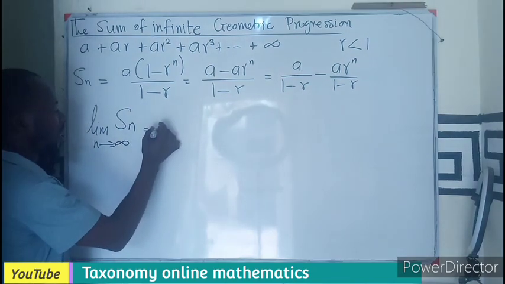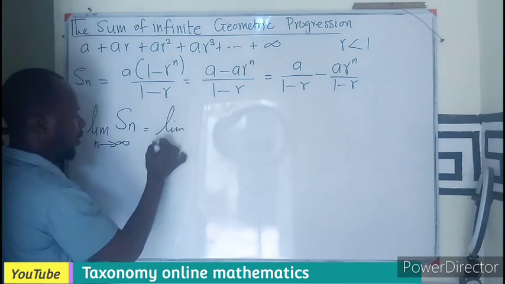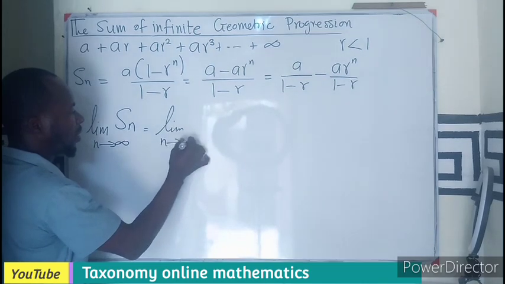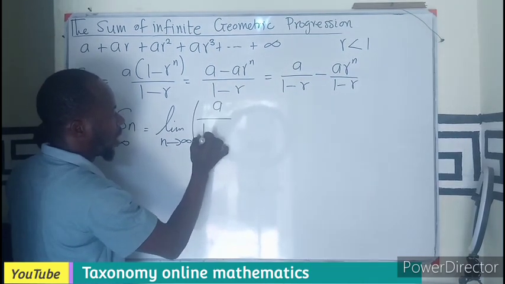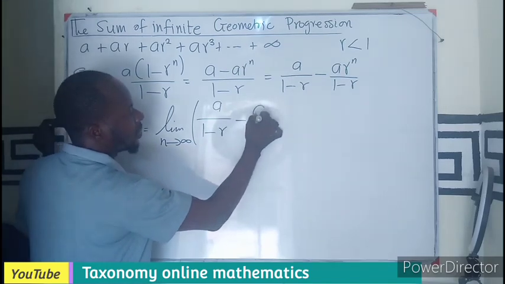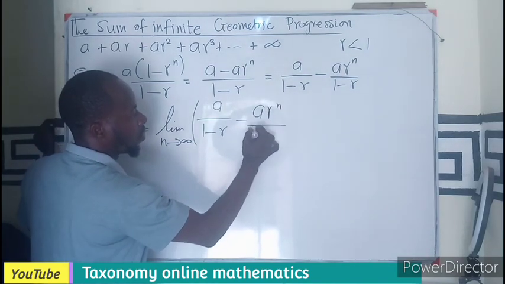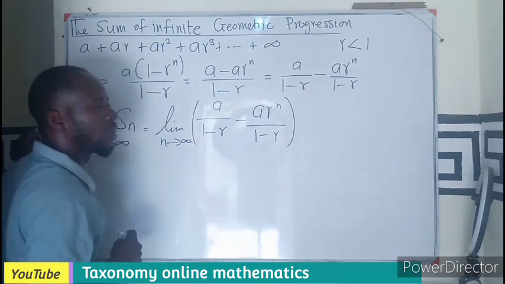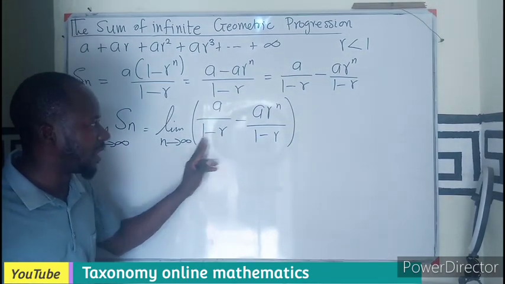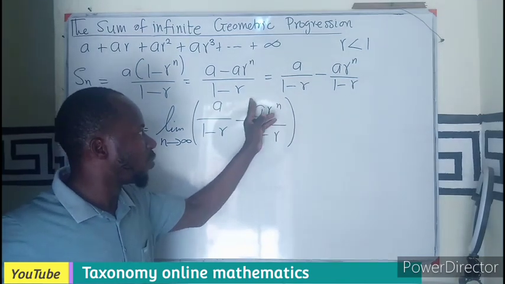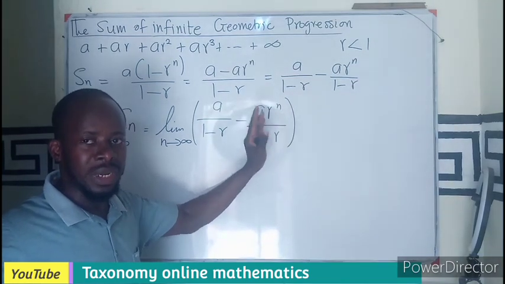And that could also be given as the limit as n approaches infinity of a over 1 minus r, minus a over 1 minus r. And we know that as this approaches infinity, if I put infinity here, it's going to make the whole of this become 0.